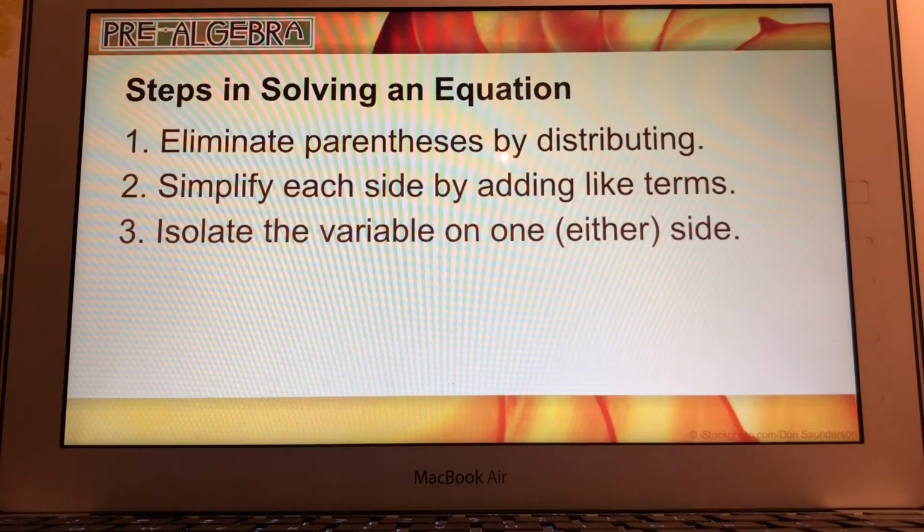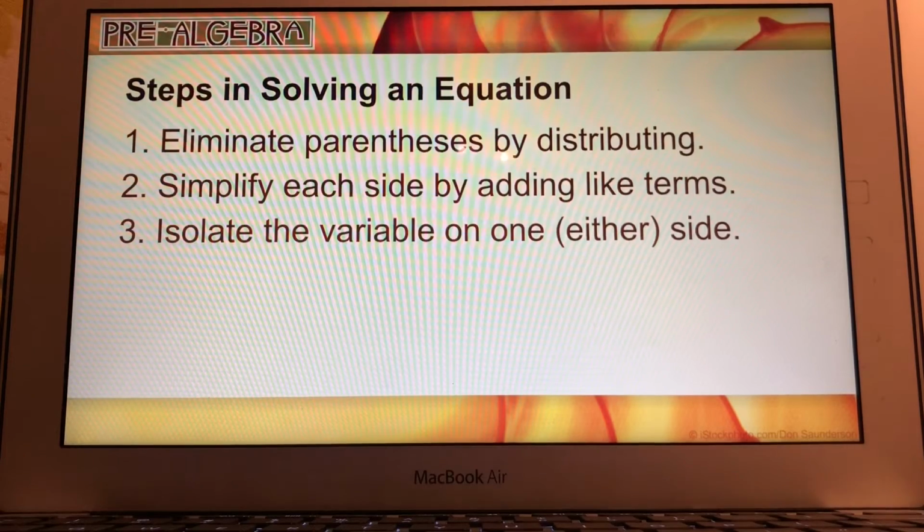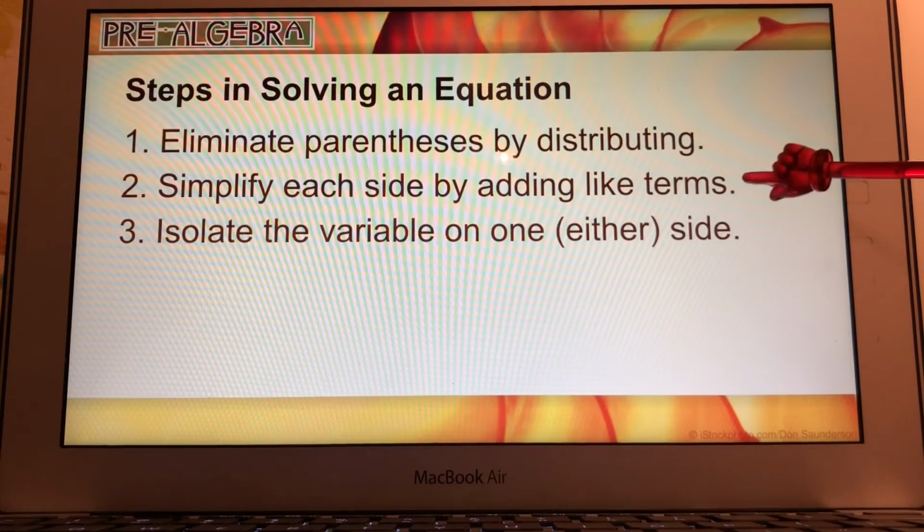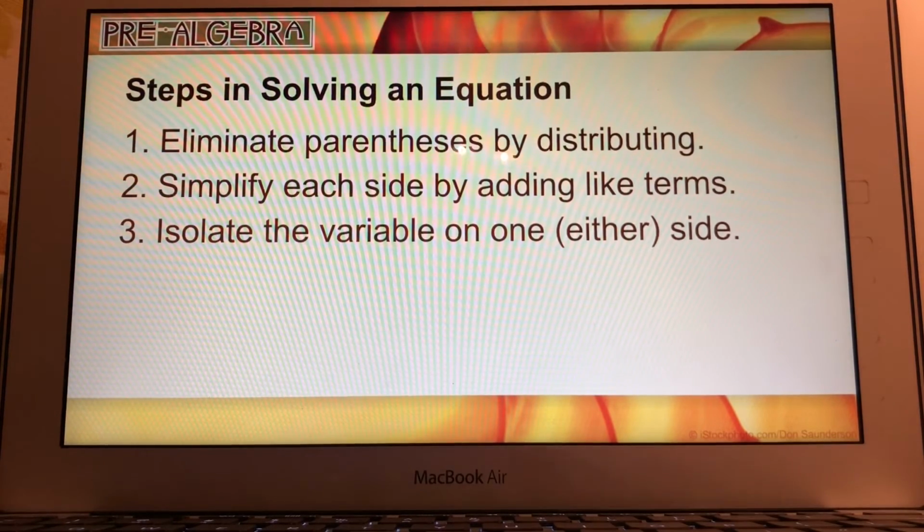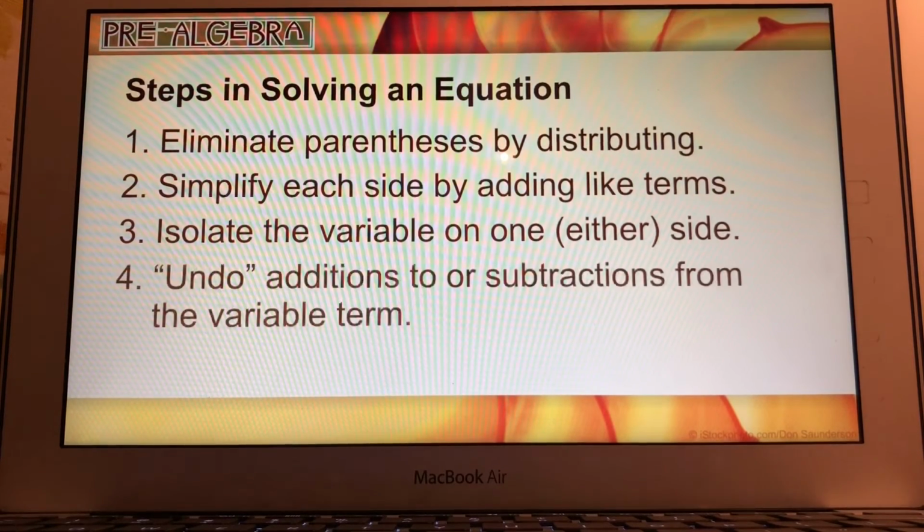Isolate the variable on one side, okay? Basically putting x's on one side, your numbers on the other side. Number 2 here was simplify each side, combining your like terms. And then x's on one side, numbers on the other side.